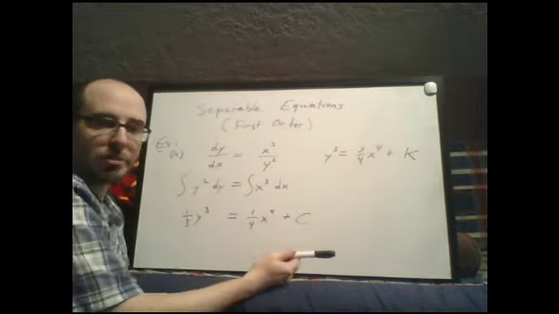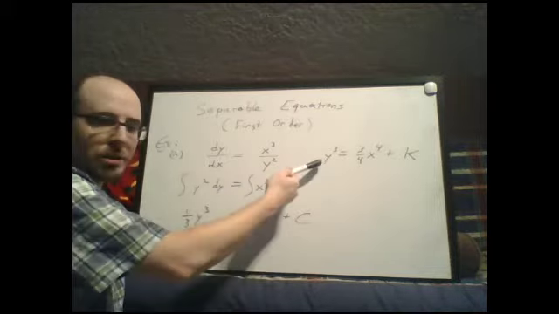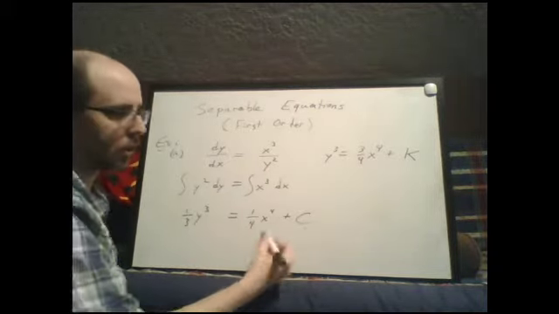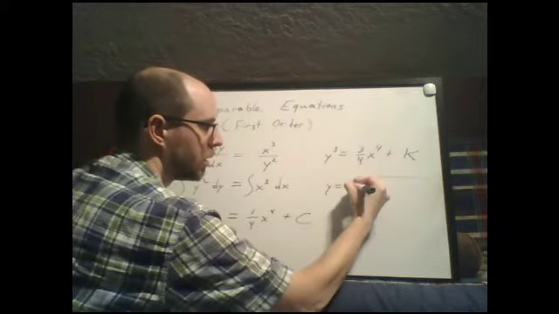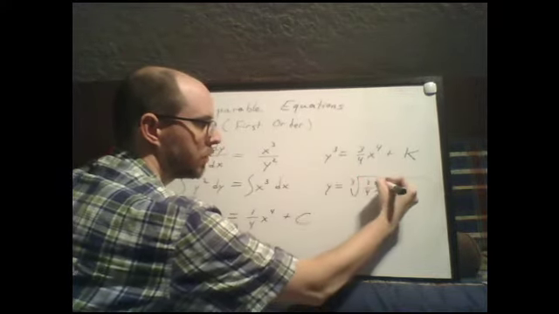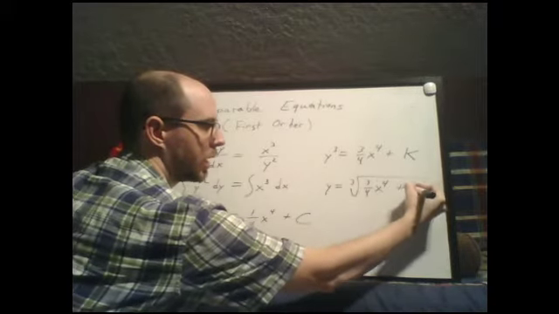But K can still be anything. Now to solve for y, I just need to take the cube root. So y would equal the cube root of 3/4 x to the 4th plus my constant k.